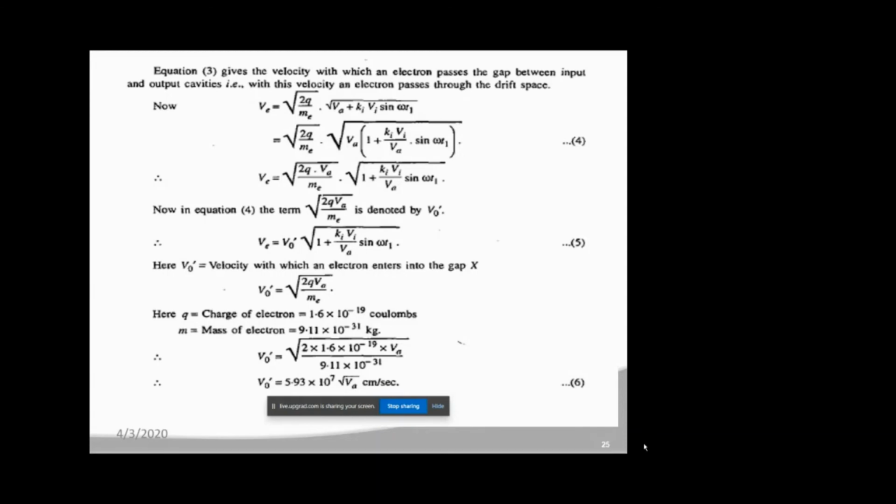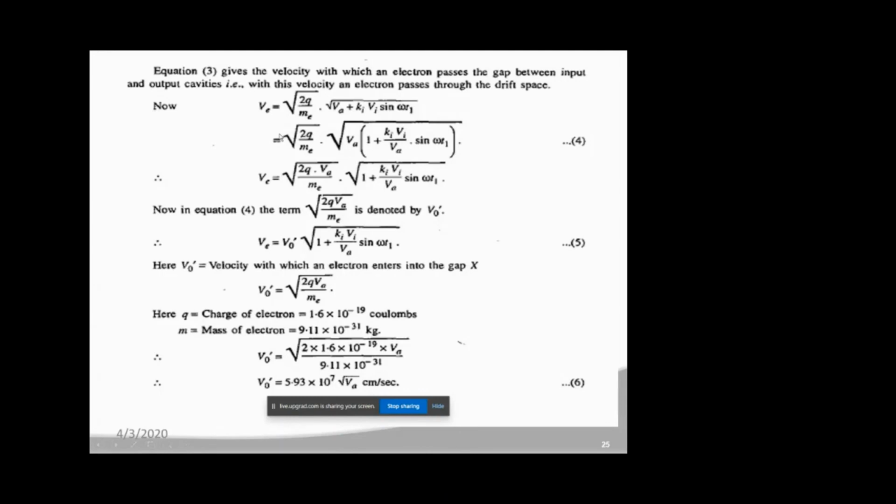Means v is the velocity by which the electron leaves gap X and goes to the drift space. After this we are calculating v, refer to equation 4.